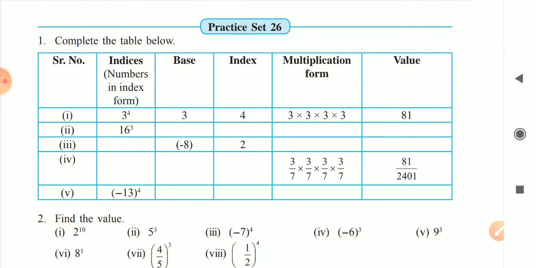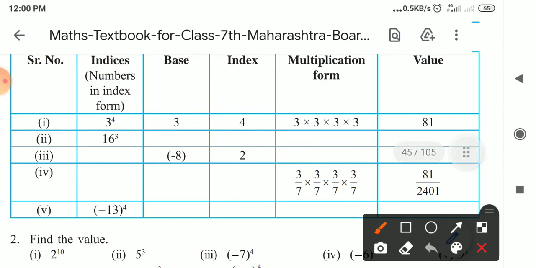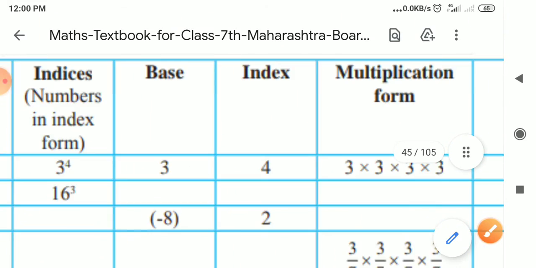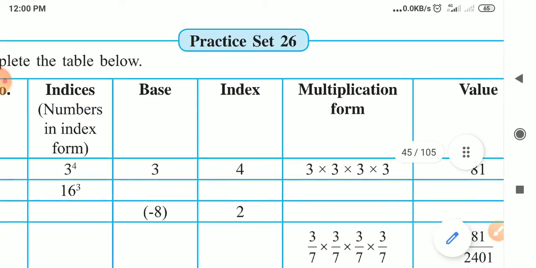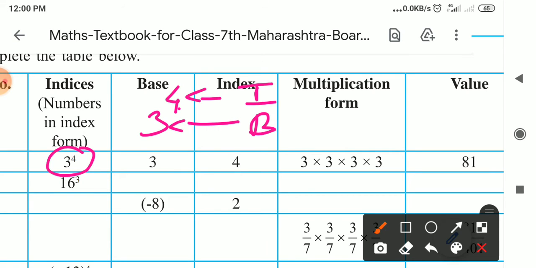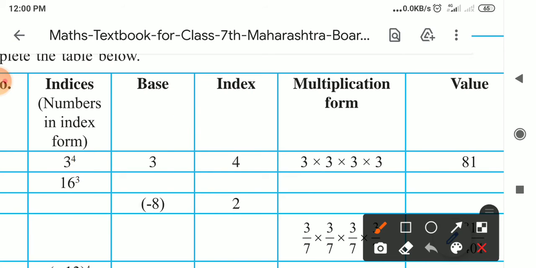Very easy. First of all, the index is given: 3 raised to 4. One example they solved and showed to you. For this question, 3 raised to 4, how are we writing it? 3 is the base and 4 is the index. Here the base is 3 and the index is 4.